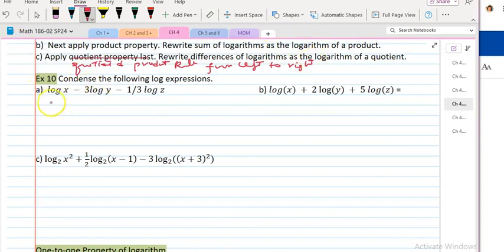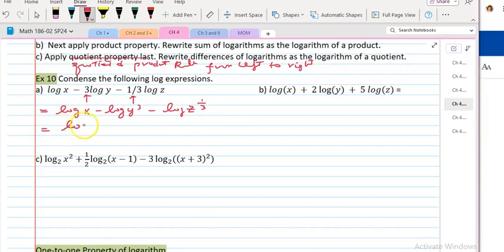So let's look at this. First scan if there's a coefficient. So we write it as log x minus log y cubed minus log z to the 1/3. Z to the 1/3 is a root, right?